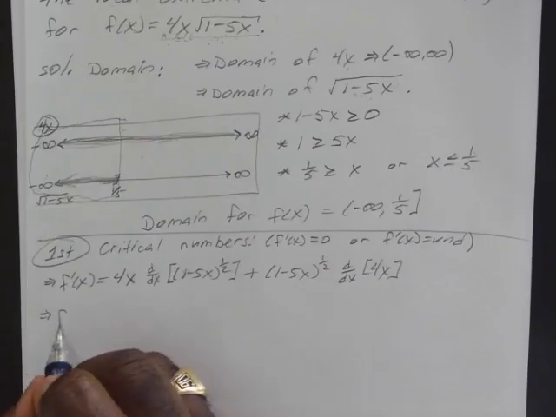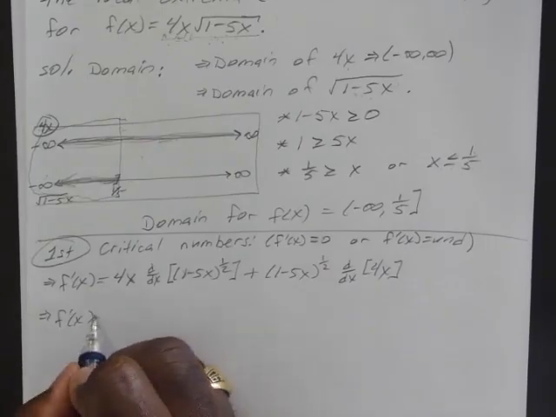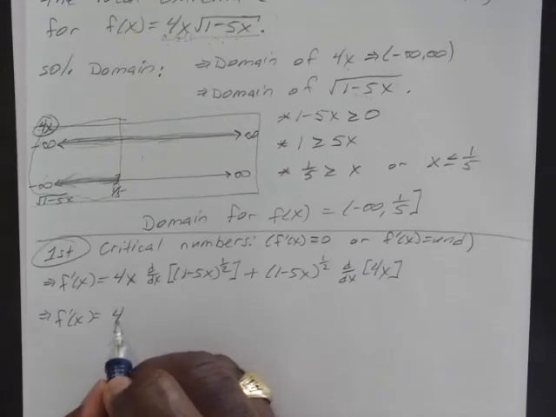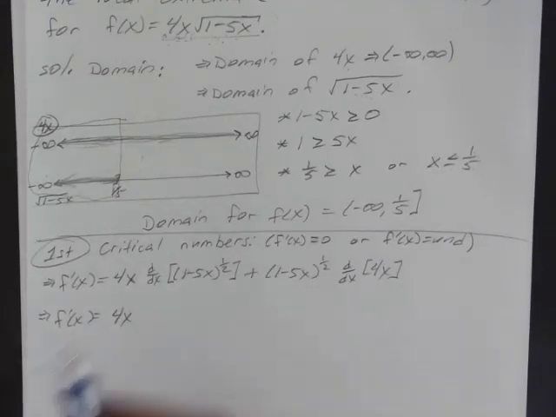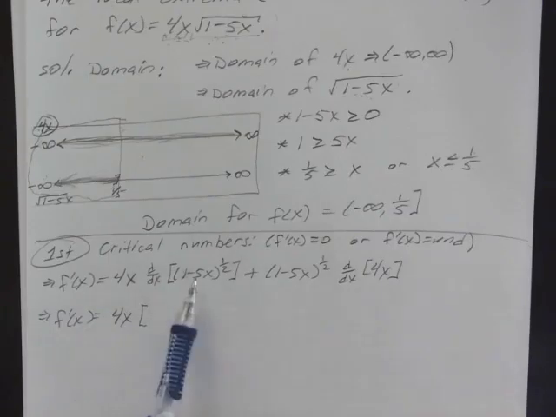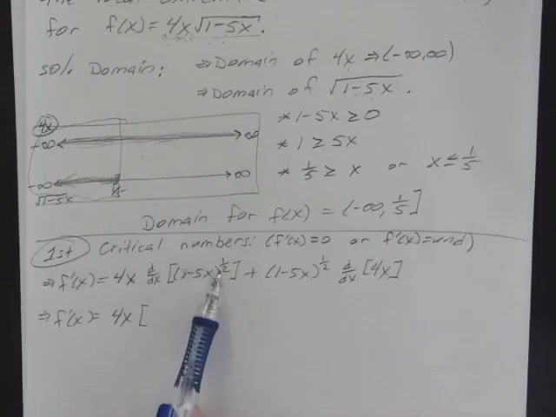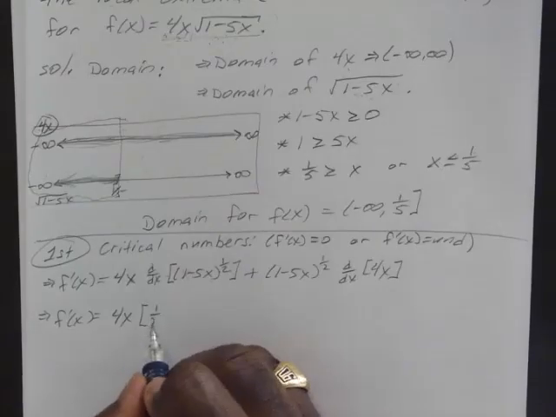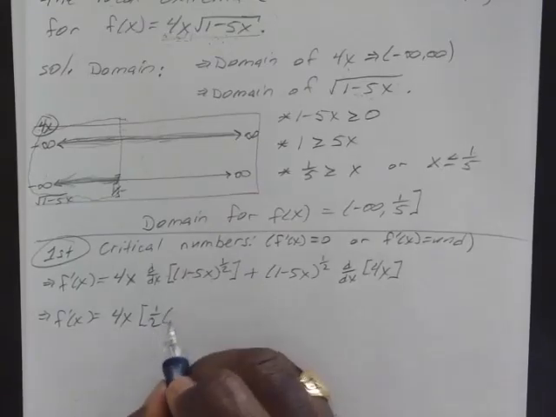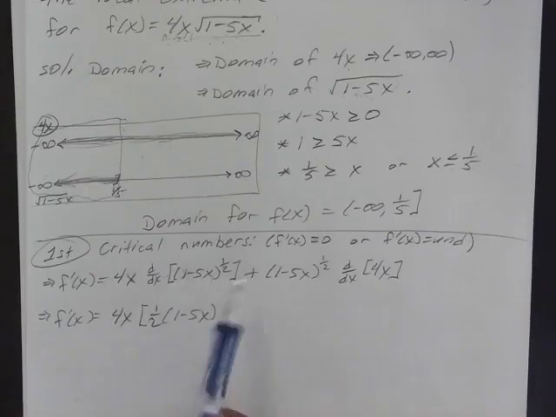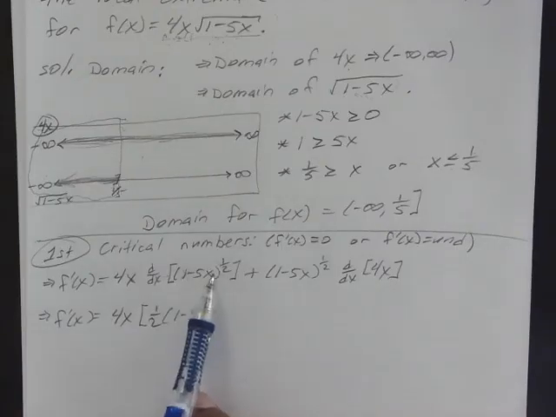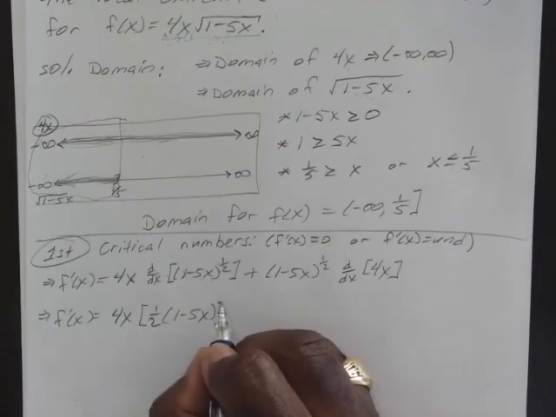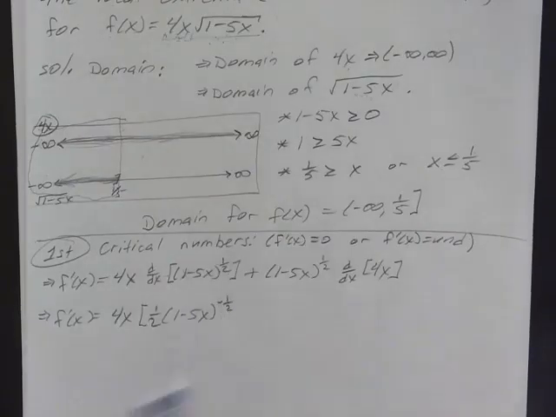So that means our derivative is equal to 4x times the derivative of 1 minus 5x to the 1/2 power. We're going to go ahead and use the chain rule for that one. So we bring down the 1/2 times 1 minus 5x to the 1/2 power minus 1. So 1/2 minus 1 is negative 1/2 times the derivative of what's inside.